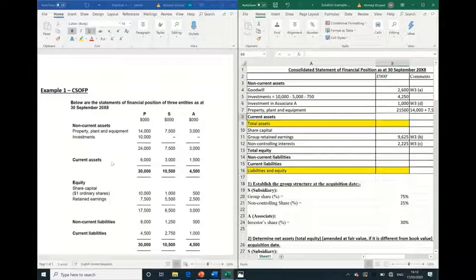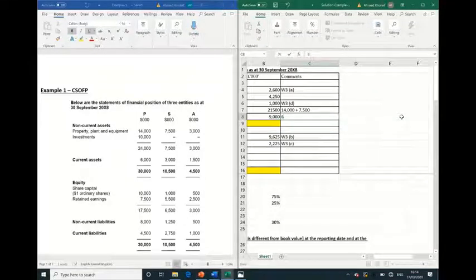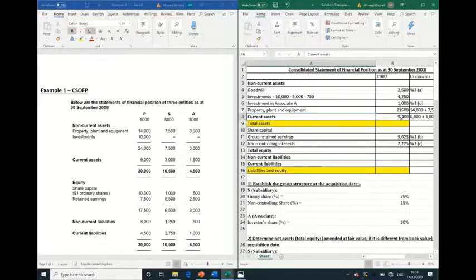And then we move to current assets. This is also applicable to the parent and subsidiary, which is 9,000. So the total here is 9,000, which is the sum of 6,000, the parent current assets, plus 3,000, the subsidiary current assets. Then we have all the assets now calculated.